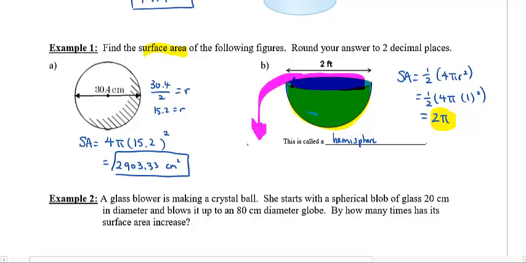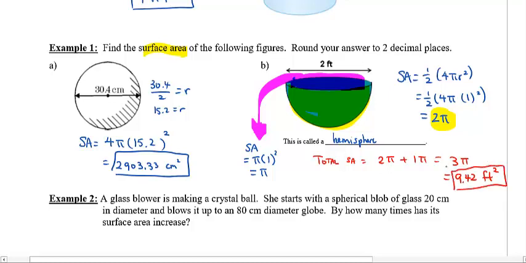Well, the area of that surface is just another circle with radius 1, so that's just pi 1 squared, or pi. So the total surface area for this hemisphere, because you can touch the top as well, is equal to 2 pi plus 1 pi, which is actually 3 pi, or approximately 9.42 feet squared. Okay, so don't forget that top piece there.